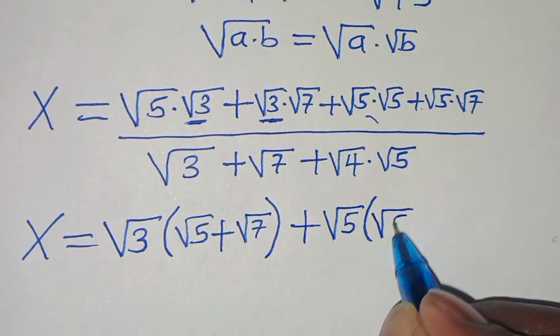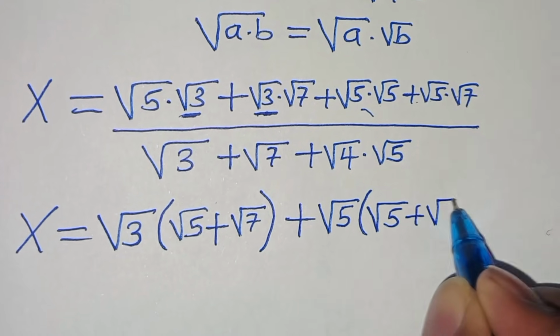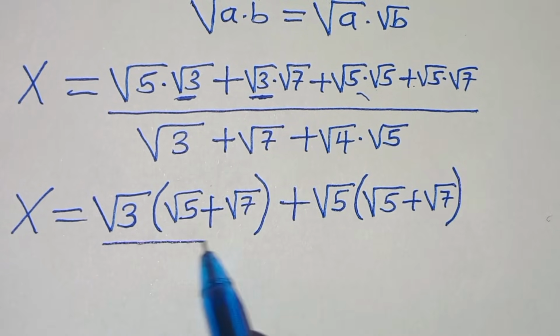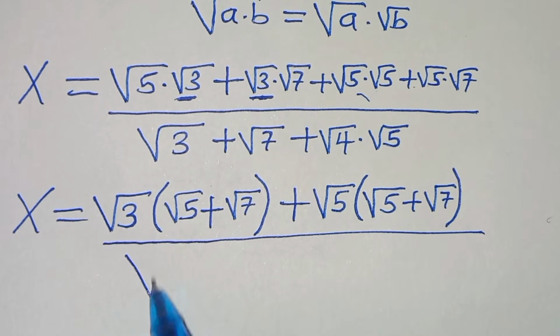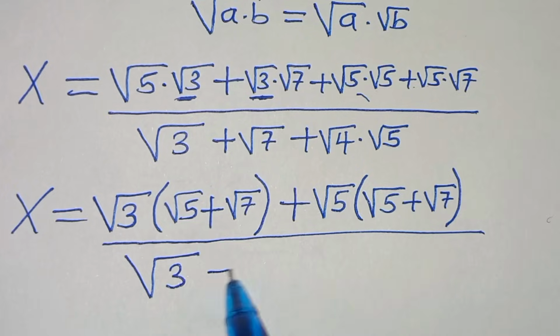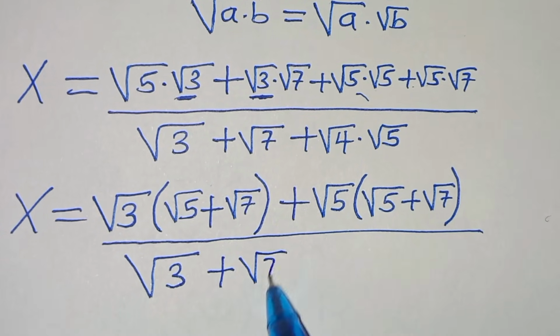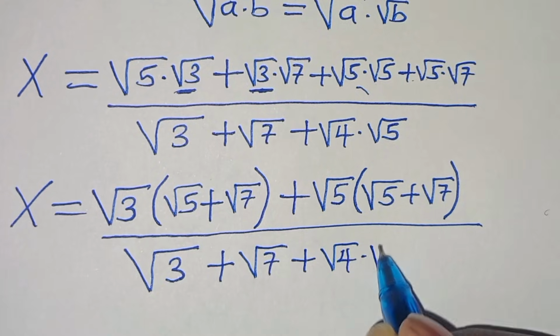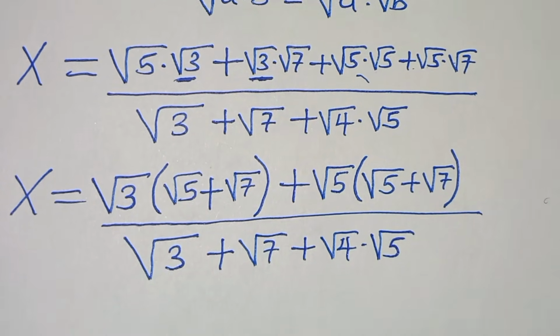This is square root of 5 plus square root of 7, close the parentheses, everything here divided by square root of 3 plus square root of 7 plus square root of 4 multiplied by square root of 5.